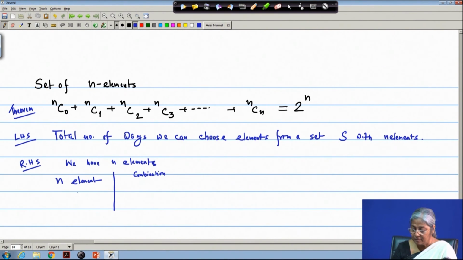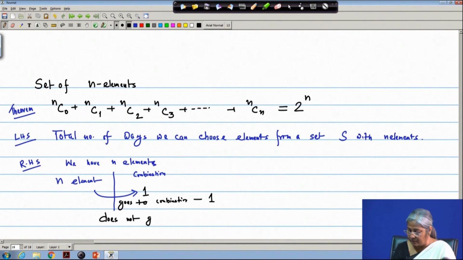Now, that means, if it goes to this combination, I am giving 1. If it does not go, then I am putting 0.